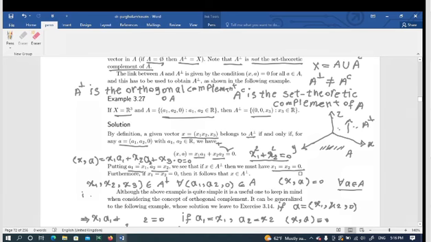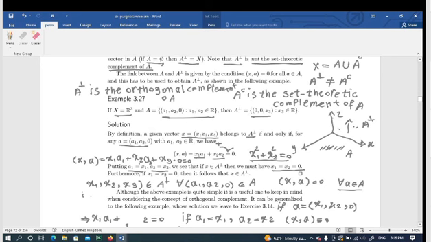In this case, when a equals x, a1 equals x1 and a2 equals x2. So x1 and x2 must be 0. So if x as a triple (x1, x2, x3) belongs to A orthogonal, x1 and x2 must be 0.